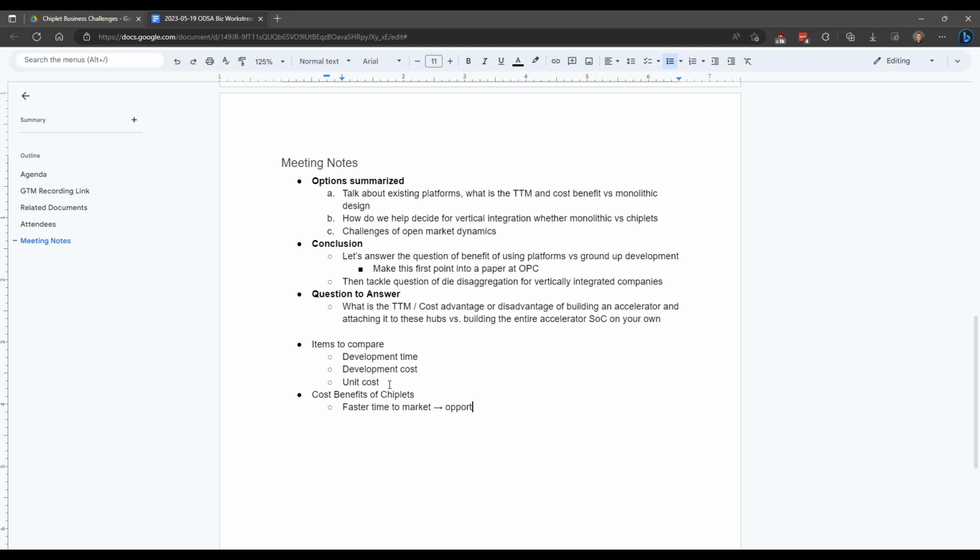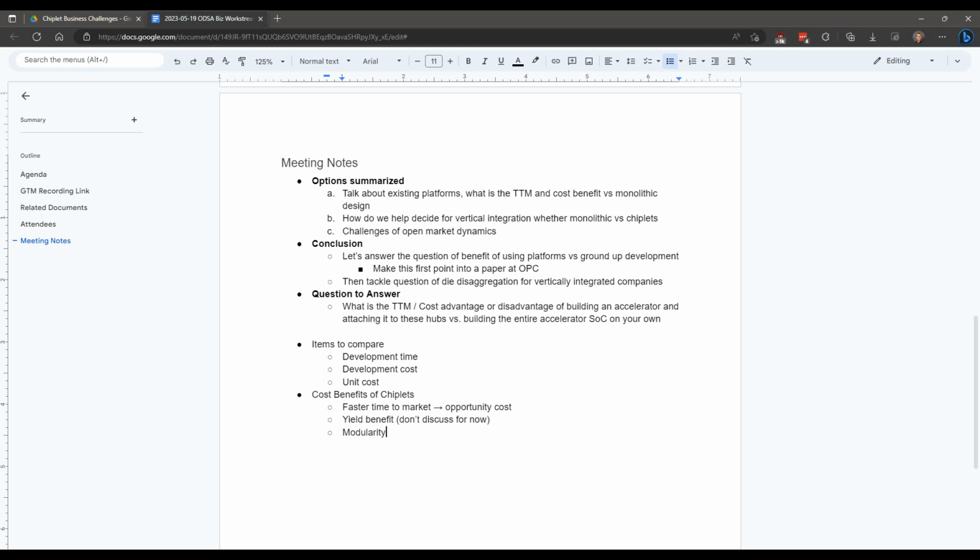The second is exactly what you're saying. If I'm building a diverse range of products, then by migrating my product line to a chiplet architecture, I can produce more SKUs at lower cost and produce more differentiated products.